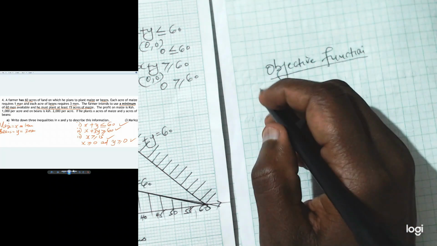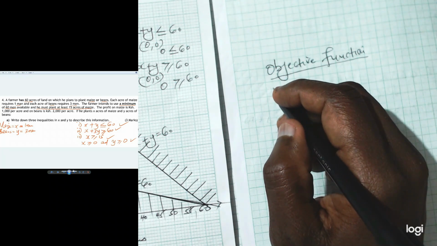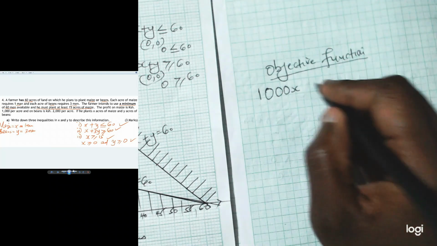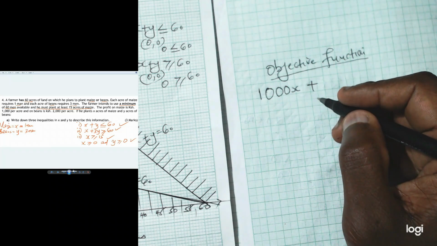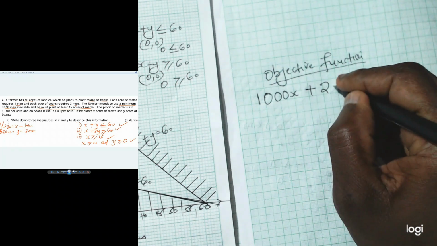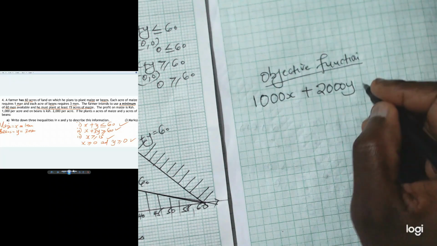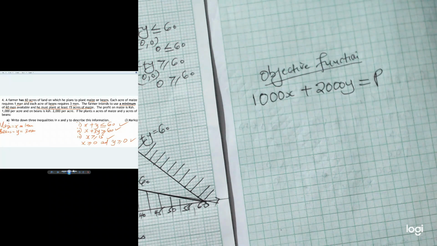Remember we have x acres of maize and the profit per acre of maize is 1,000, so that will be 1,000x. Then for the beans, the profit is 2,000 per acre and the acres of beans are y, so the profit on all the acres will be 2,000y. The total is equal to the profit. So this is the objective function. This is what you're going to use in order to find the maximum profit.